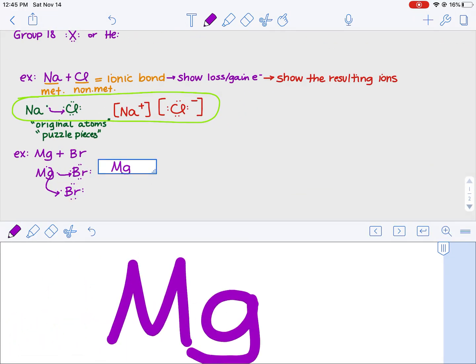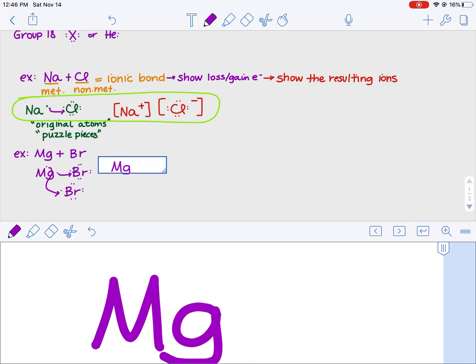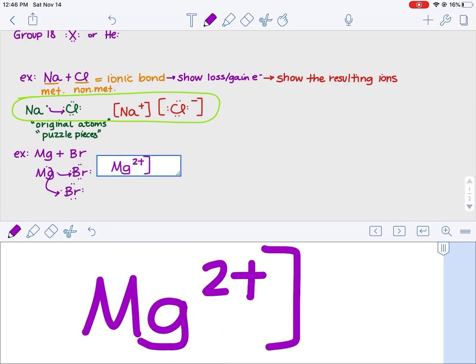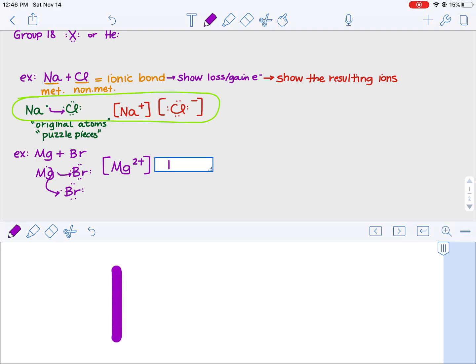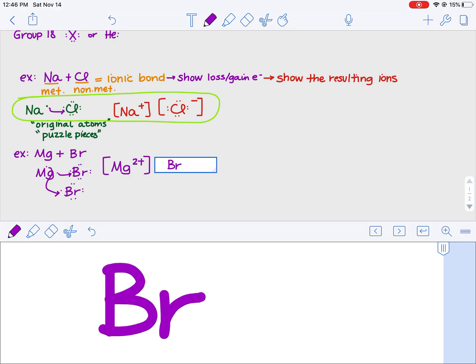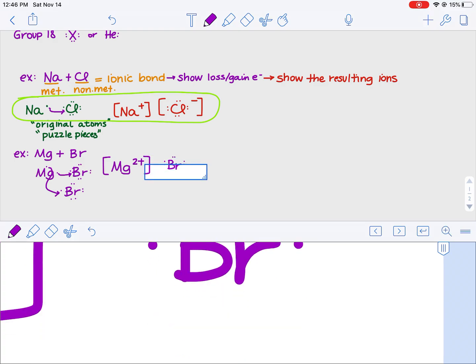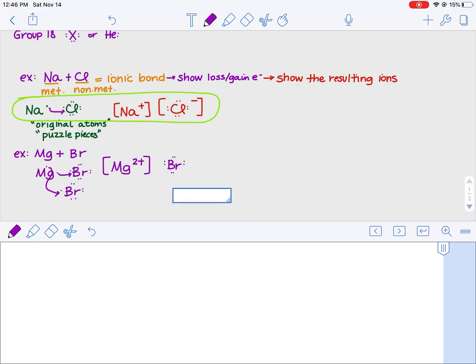The resulting ions. Magnesium has lost 2 of its electrons. Therefore, it has no more valence electrons. So I draw no dots. I indicate that it is a cation. It has a 2+ charge, and I put it in brackets. The bromine puzzle piece, it has gained an electron. So I will now draw 8 valence electrons, or 8 dots around it.